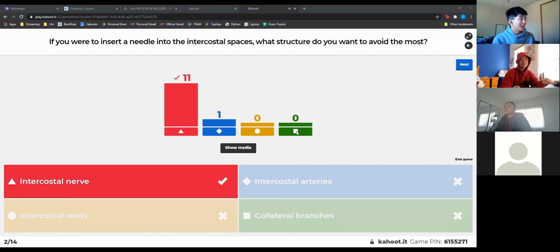Yeah, good. So remembering that although you have a costal groove where all the structures are held, the intercostal nerve is the most exposed, and that's on the inferior side of the rib. So what most people try to do is avoid these structures and instead either sacrifice the collateral branches, which are on the superior side of the rib, or go straight through the middle.